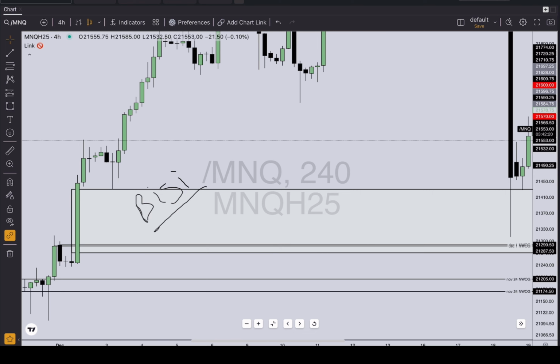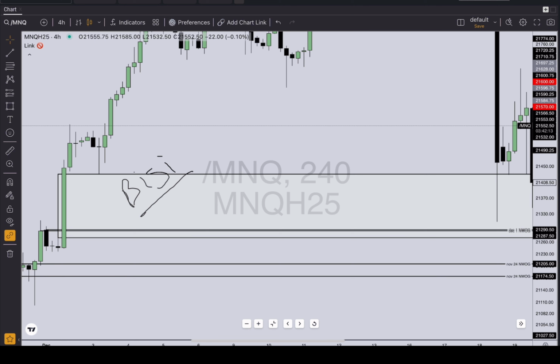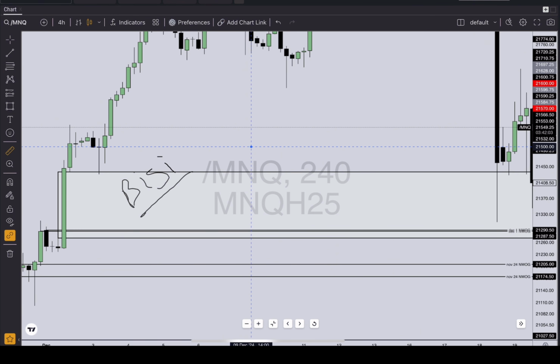I chose this example right in front of you guys, right? I didn't cherry pick this. Eventually, these fair value gaps that are not filled, like right here, this was the initial fair value gap, right? We got tapped into just a little bit, and that was enough for the market to be propelled higher.